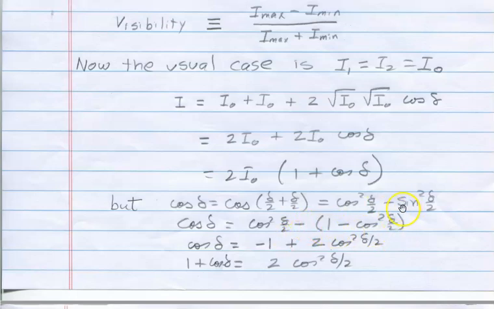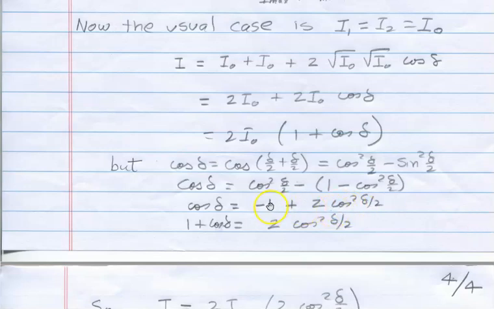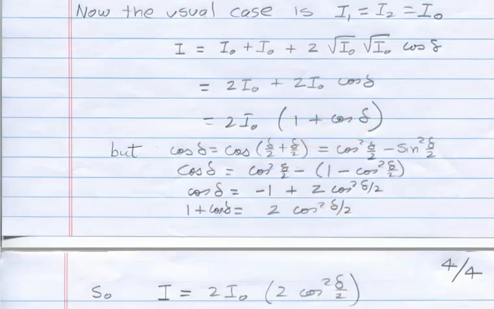And I also know that sine squared plus cosine squared is 1, and so sine squared is 1 minus cosine squared. Plugging all that in, and taking this over to the other side, I see that this 1 plus cosine delta is just 2 cosine squared of delta over 2.